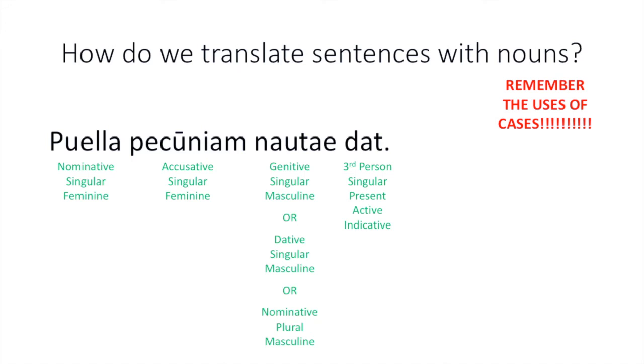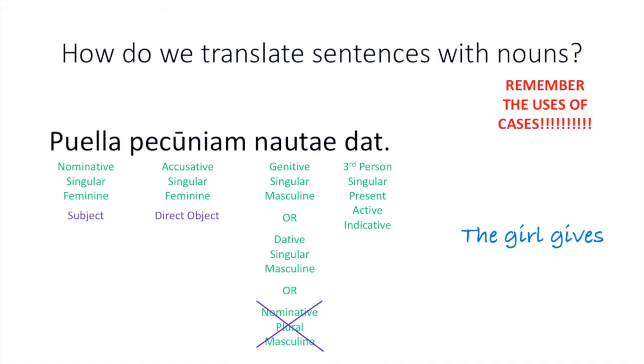Here's where we look at our verb, because the verb and the subject have to agree in number. Dat is singular, so we know that the subject of our sentence has to be singular. That means our subject needs to be puella because nautai would be nominative plural. So puella is our subject. Therefore, we can start translating our sentence as the girl gives.